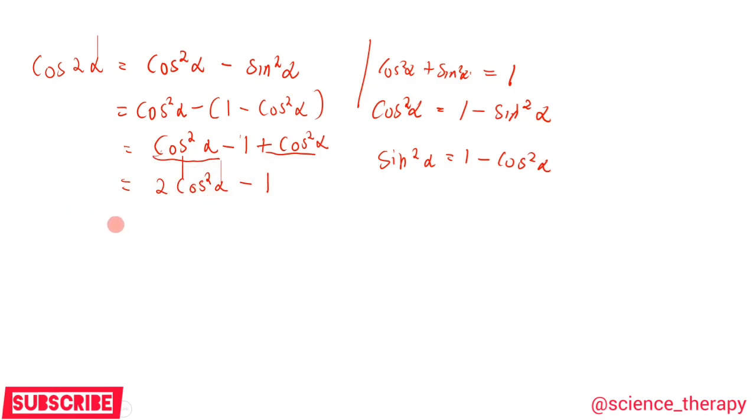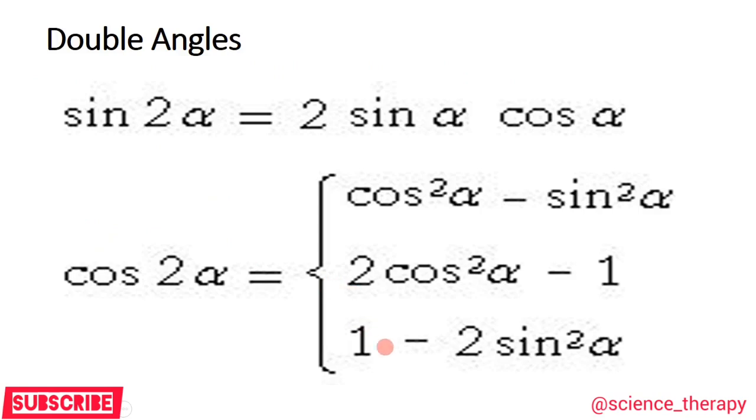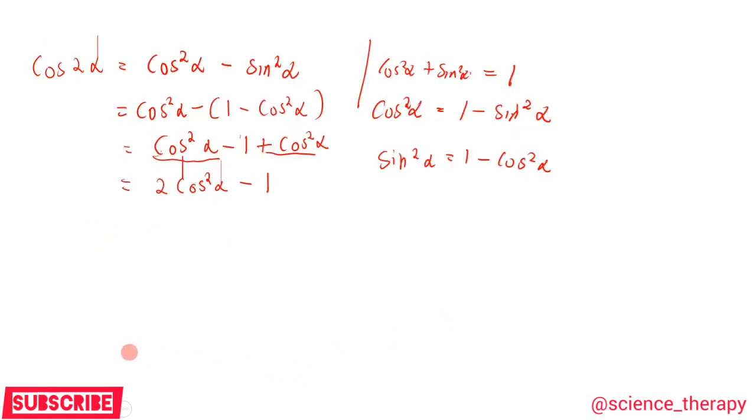Then let's check if we wanted to produce this one, 1 minus 2 sine squared alpha. So again, we have the standard, which is cos 2 alpha is equal to cos squared alpha minus sine squared alpha.